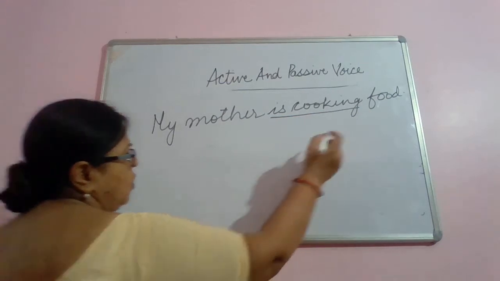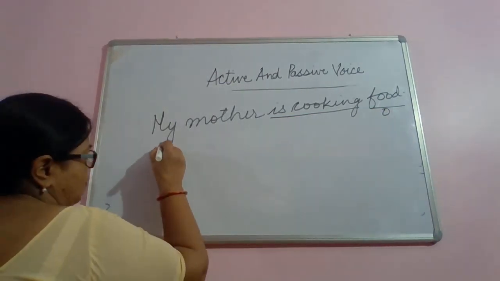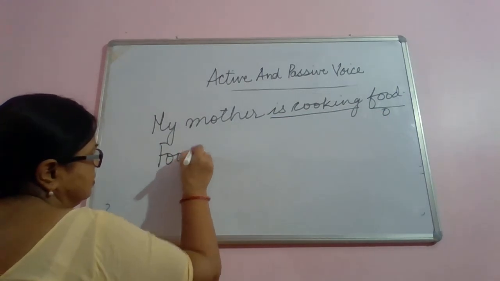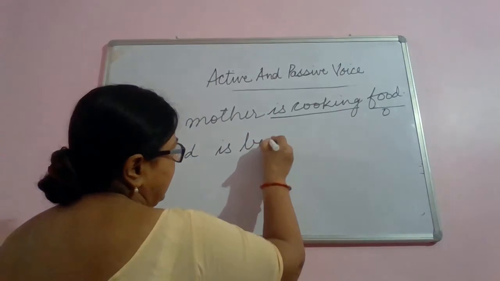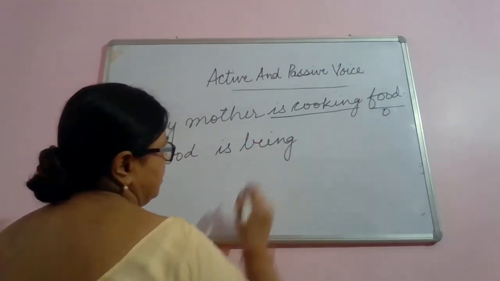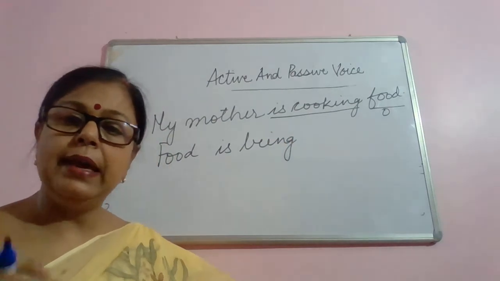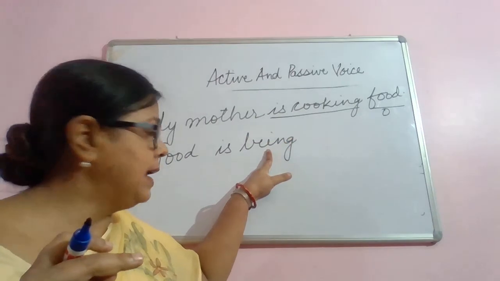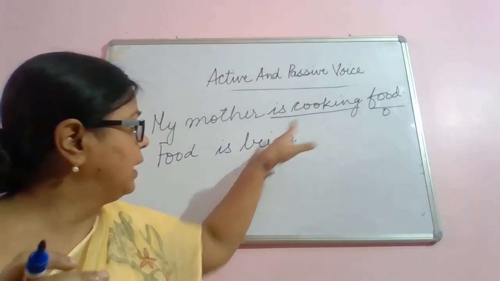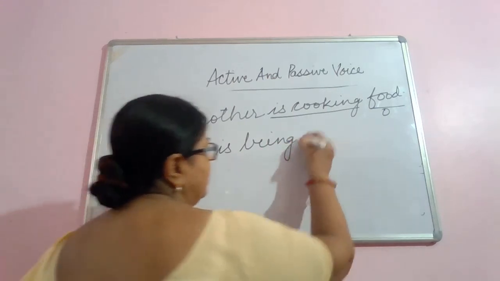What I will do? I will make this object the subject of the sentence. Food is being. Being is what? Be plus ing. Be is also a verb, and I added ed to it because I'll have to keep this in third form.